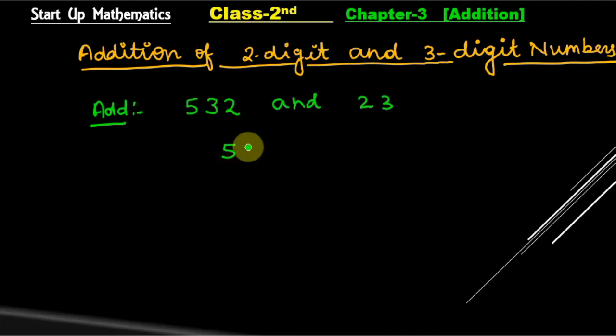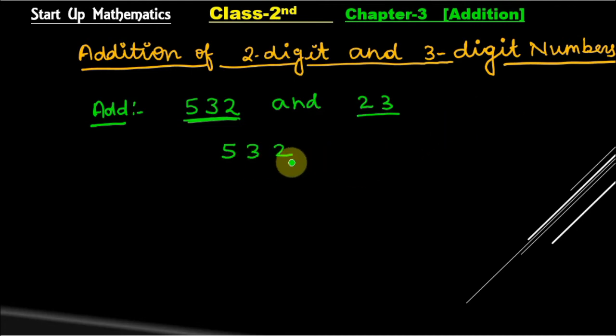5, 3, 2. These numbers are called addends. The numbers which are added are called addends. The second addend we write from the right side.